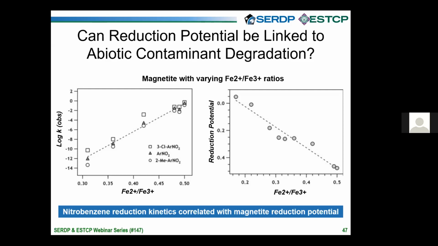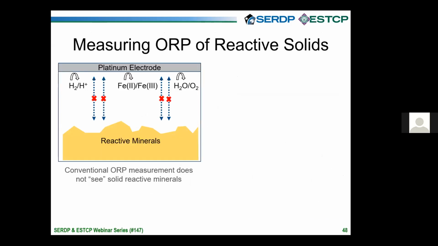But in this study, the mineral reduction potential was actually measured by packed electrodes, which were customized and may not be widely accessible for broader use. One of the most obvious ways to measure reduction potential, which everyone in this field knows about, is to use an ORP electrode. But conventional ORP measurement is only suitable for aqueous phase measurements.